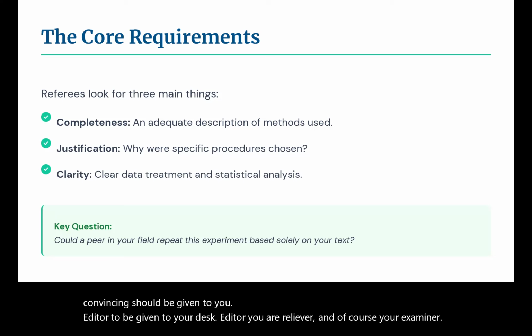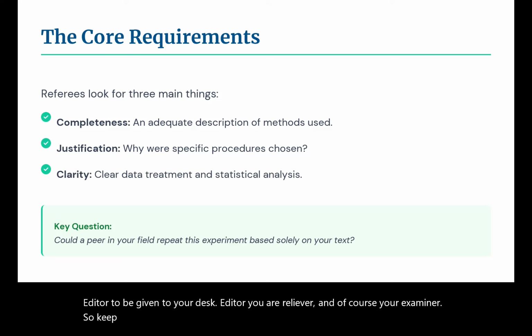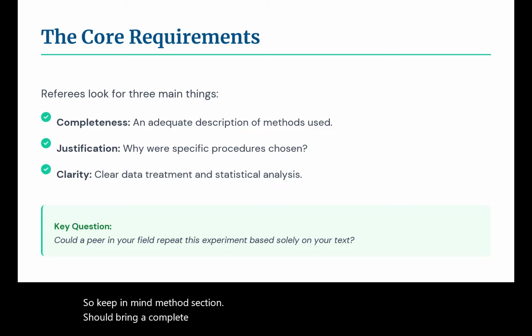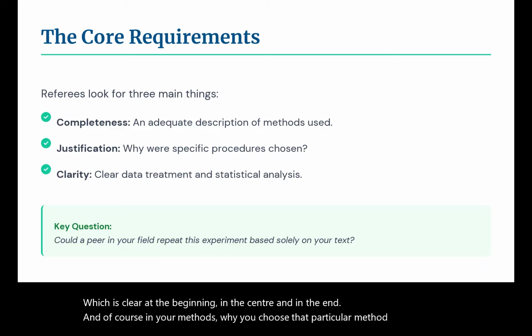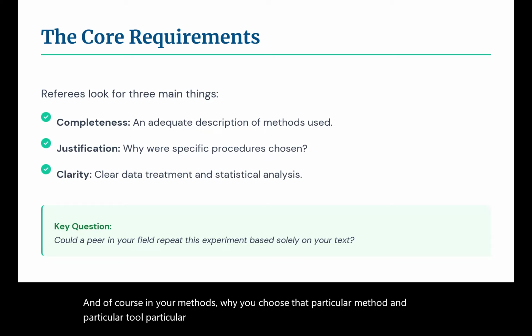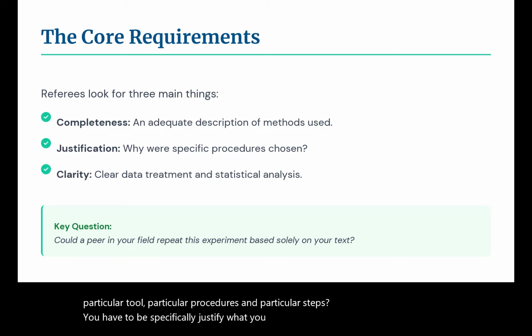So keep in mind, the method section should bring a complete scientific method, which is clear at the beginning, in the center, and in the end. And of course, in your methods, why you choose that particular method and particular tool, particular procedures, and particular steps, you have to specifically justify what you did. That is the second consideration.